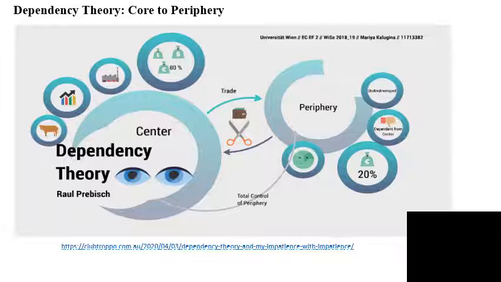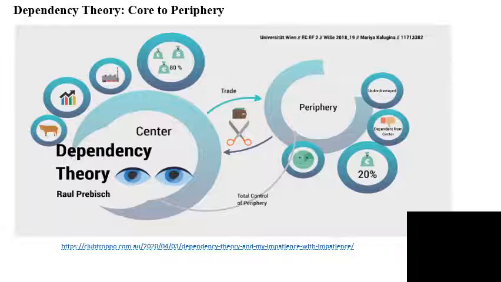The phenomenon is very straightforward: poor countries, the periphery or marginalized countries, export primary commodities to the rich countries. Then these rich countries at the center manufacture products out of those commodities and sell them back to these periphery countries.